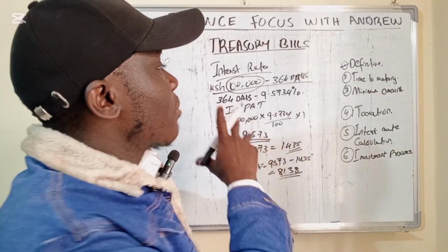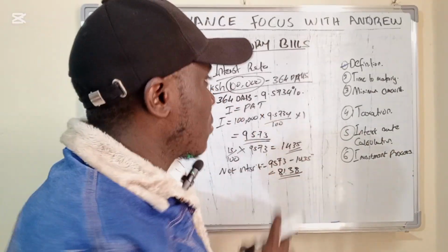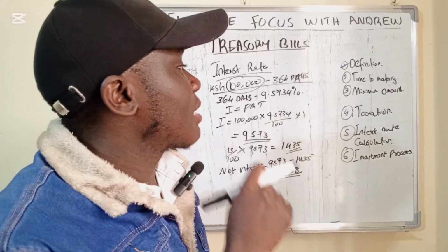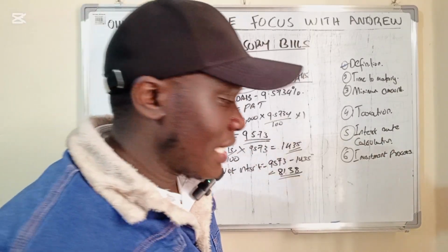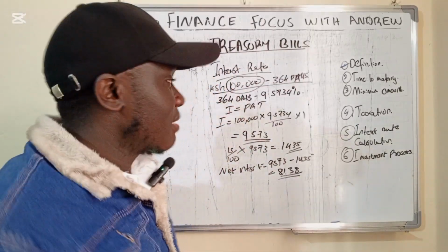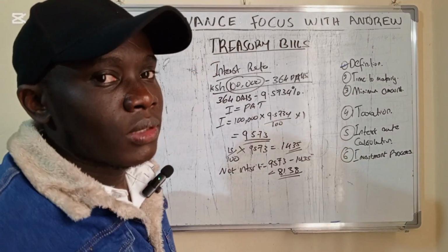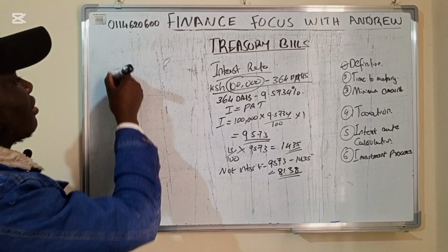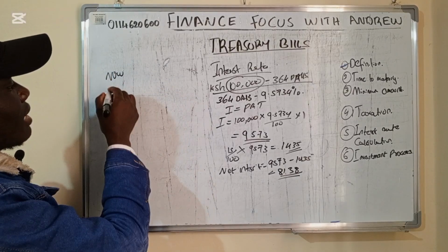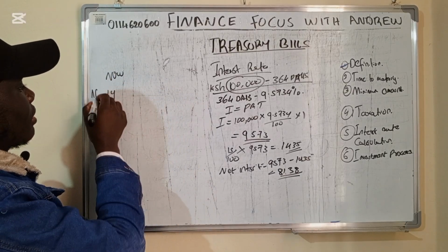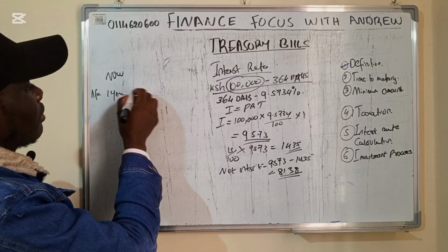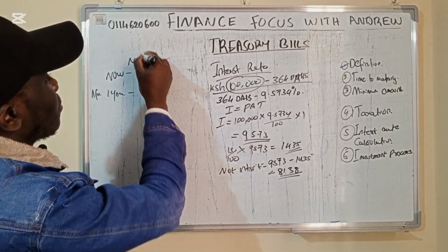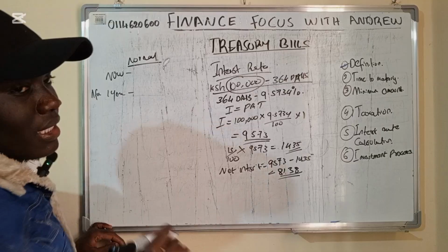or it is the interest that we get from an investment of 100,000 in our 364 days treasury bill at 9.5734%. Now, the investment that the majority of us are used to, this is what would happen. There is now, and there is 1 year. After 1 year, so the kind of investment that we are normally used to, so this is the normal investment.